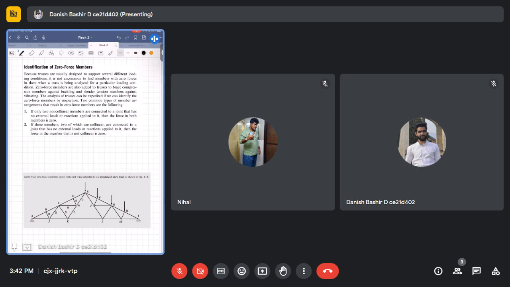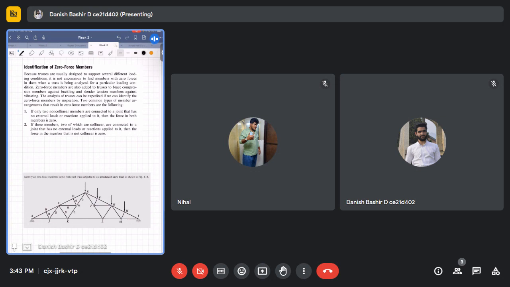For example, it's not necessary for a member to transfer loads to other members, but a member should also be present in a truss structure so as to maintain structural stability. As I already told you, if one member is lacking in our truss structure, the truss can be unstable.